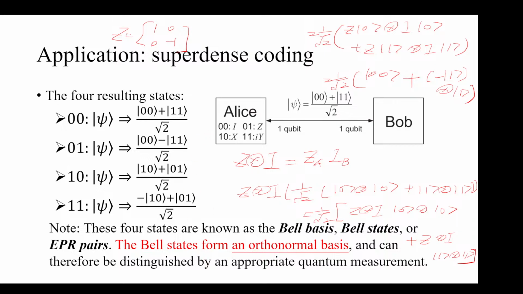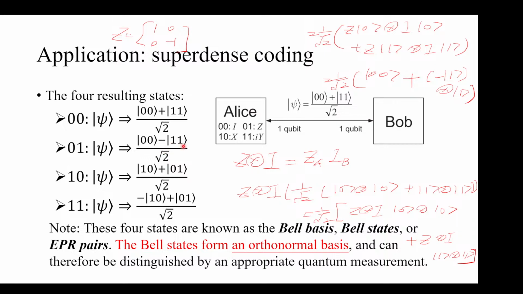For example, you can check that 00 plus 11 is orthogonal to 00 minus 11, because when you do the inner product of this with this, the 0 part gives you 1, and the 1 part gives you -1, and 1 plus -1 equals 0.